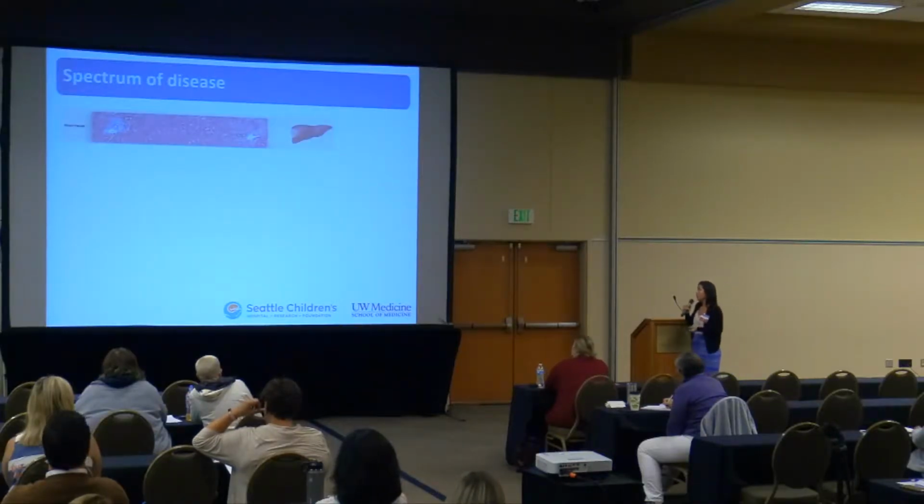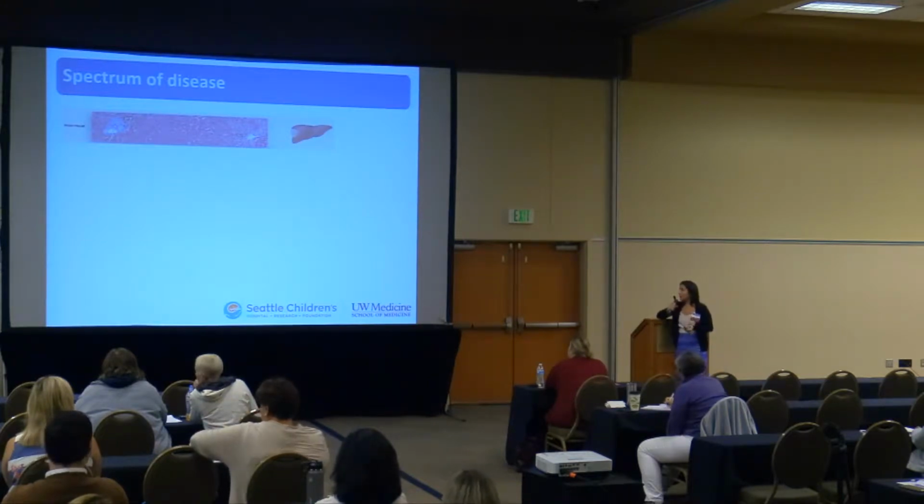The problem is that with laboratory workup alone, you cannot differentiate between the two. You can have really elevated liver enzymes and just have bland steatosis, and you can have relatively normal liver enzymes and have NASH. That's a problem because to this day, we have not been able to identify a non-invasive marker to distinguish between the two. Like I said at the beginning, it's a spectrum of disease.